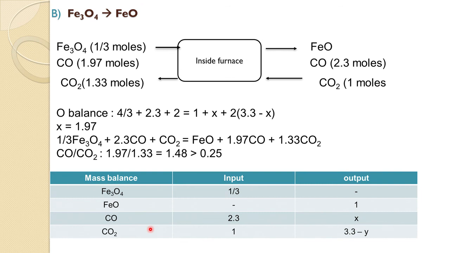And now we go from Fe3O4 to FeO. Again, CO2 is coming in from this side and magnetite is coming from the top, and the output of this is FeO and the output gas. Now again we have to do the oxygen balance.